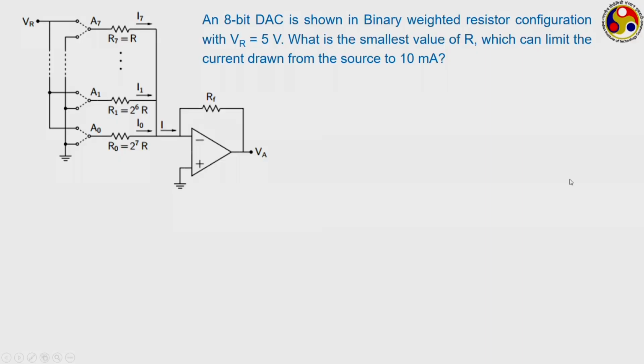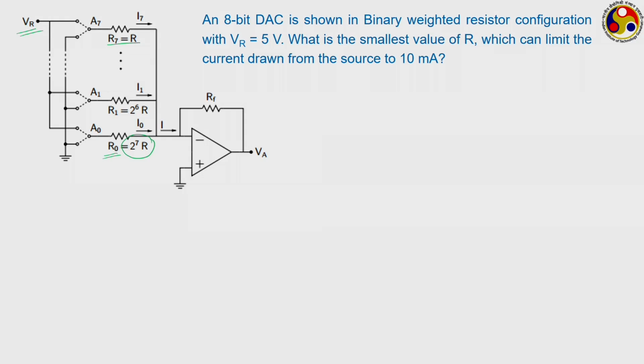Let us solve one problem on this. Here our problem corresponds to an 8-bit DAC, just shown here. This is the least significant bit having resistor R0, this is the most significant one having resistor R. So, it is R, the next one will have 2R, and this way the least significant bit has 2 to the power 7 times R. Here it is given that this VR, the reference voltage, is equal to 5 volt, then what is the smallest value of R that we can allow, which can limit the current drawn from the source to 10 milliampere.